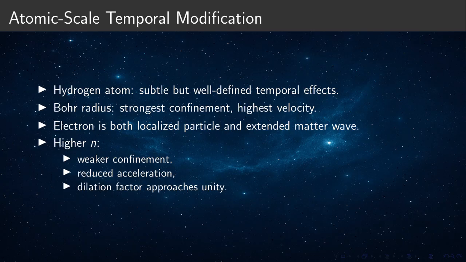Because the electron exists simultaneously as a localized particle and an extended matter wave, confinement within this region reflects both spatial restriction and an associated modification of temporal evolution. As the orbital radius increases with higher quantum number n, the effective electromagnetic curvature weakens and the associated dilation factor approaches unity in a manner consistent with reduced acceleration and orbital velocity.